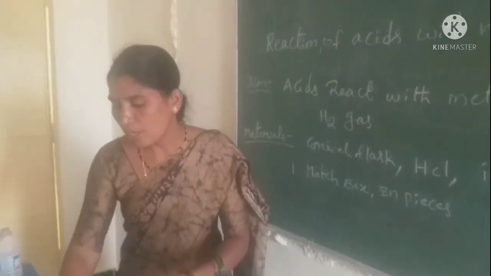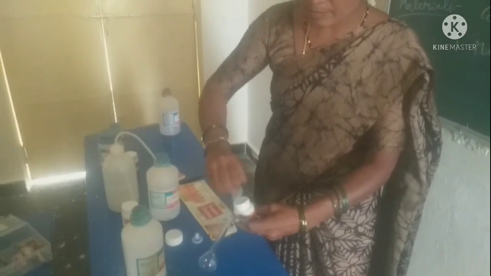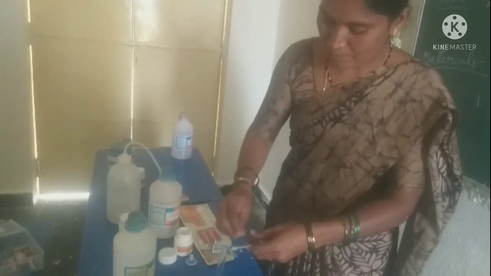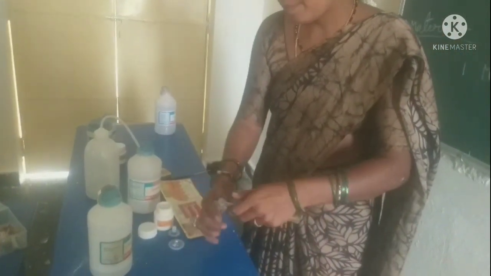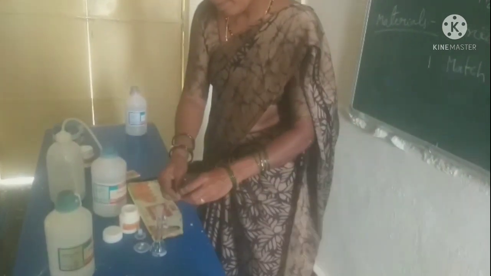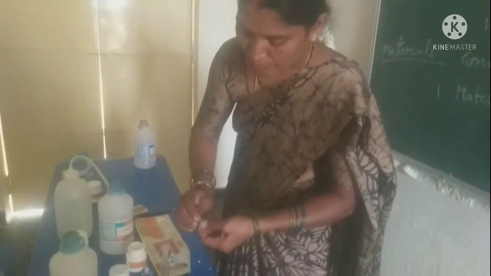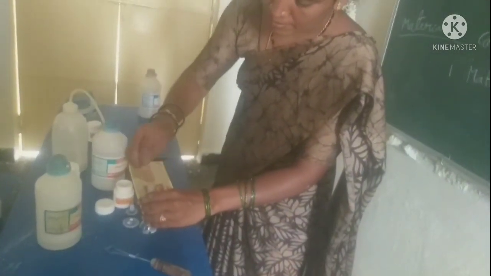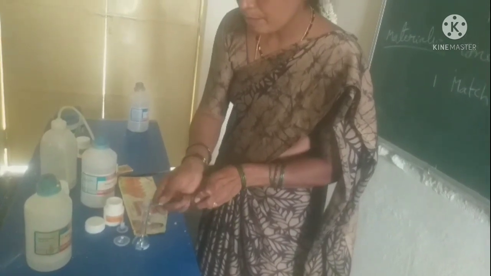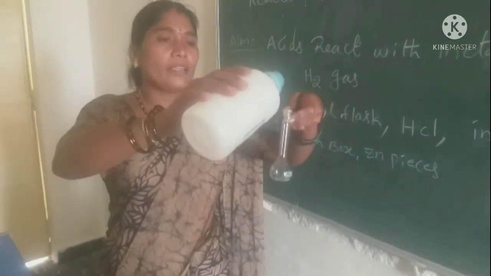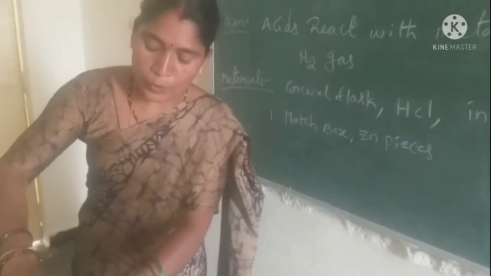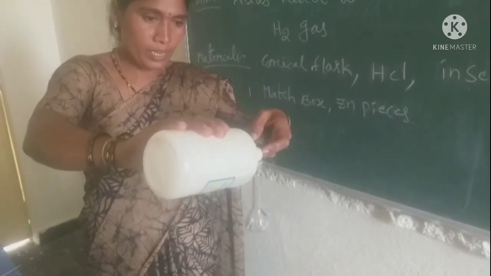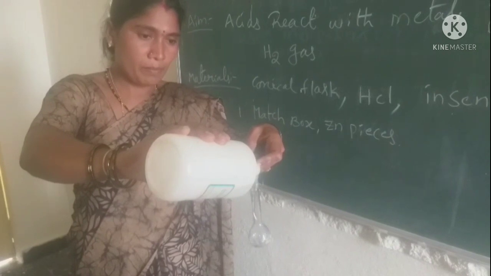Put in 5 grams of zinc granules. Take in a conical flask and add 20 ml of hydrochloric acid. Pour in the conical flask.